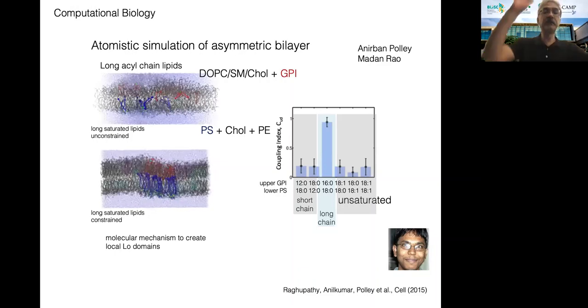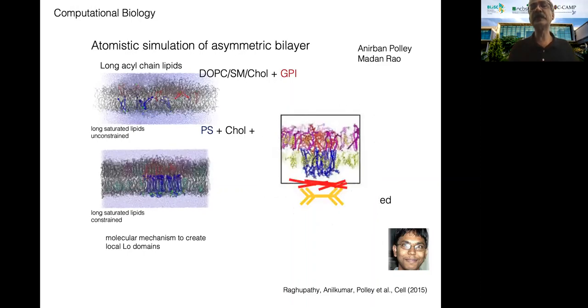I'm going to get back to Singer-Nicholson in a short while. So this is basically what they were proposing, that the membrane itself was being trapped locally. Lipids of a specific type were being trapped locally, and they were able to connect across the bilayer and link up with similar sorts of lipids at the outer leaflet and create these little patches. And we believe that those are the patches that the GPI anchored proteins are capable of forming.